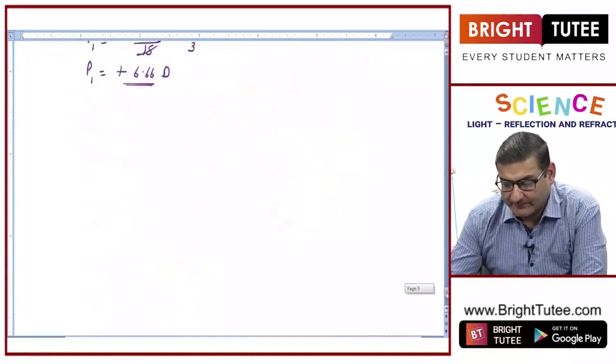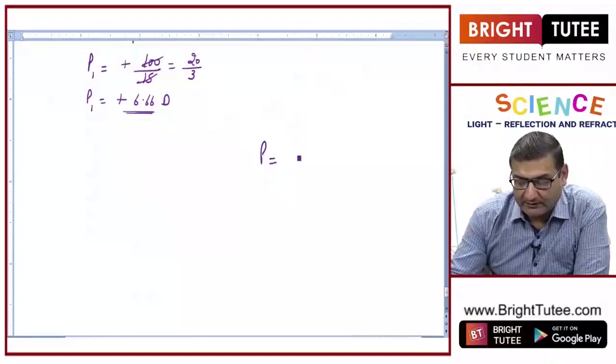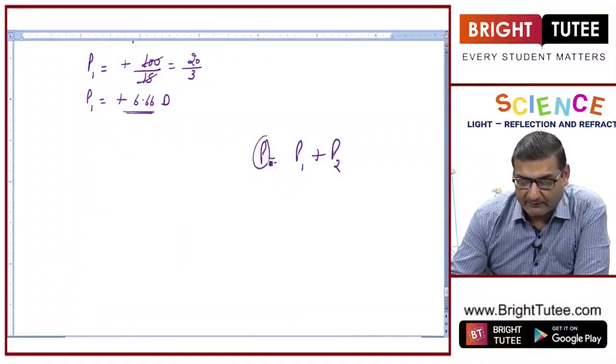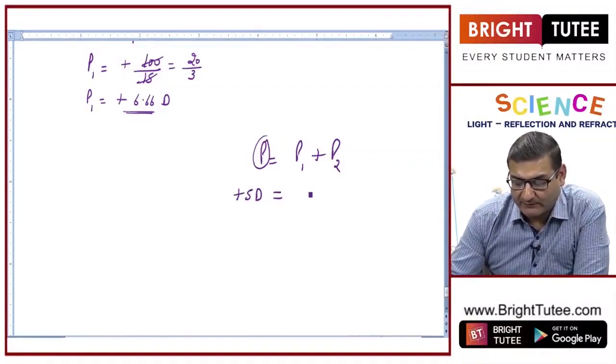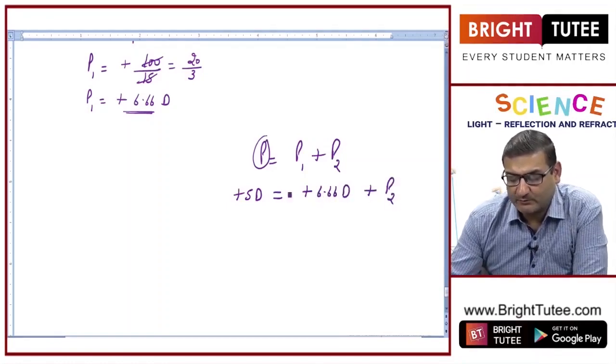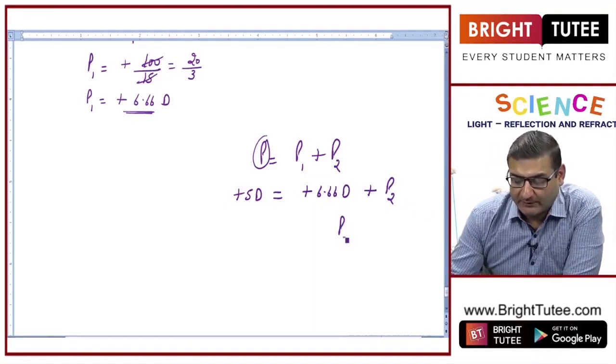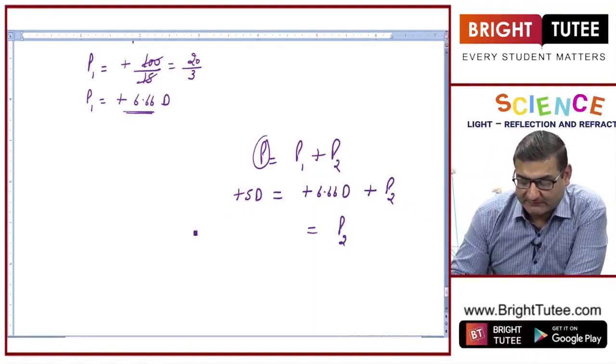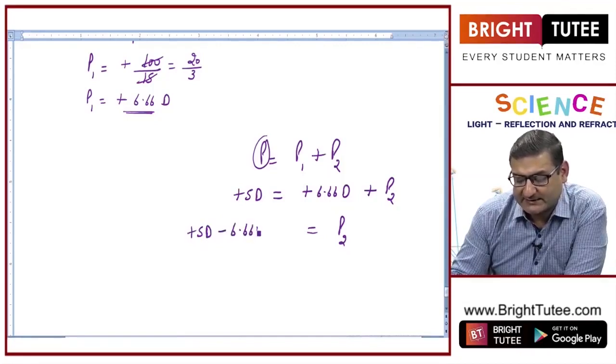Got it? Now, total power is equal to P1 plus P2. Total power was given to be plus 5 diopters. P1 we have just calculated above, plus 6.66 diopters, should be plus P2, they should be equal. Now, putting P2 over here, we'll just shift it over: plus 5 diopters minus 6.66 diopters.